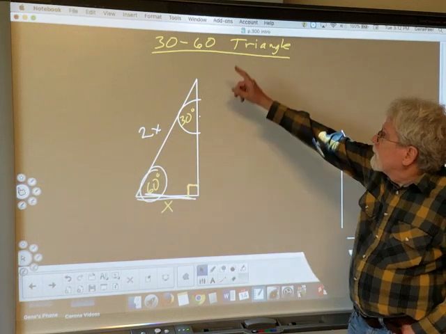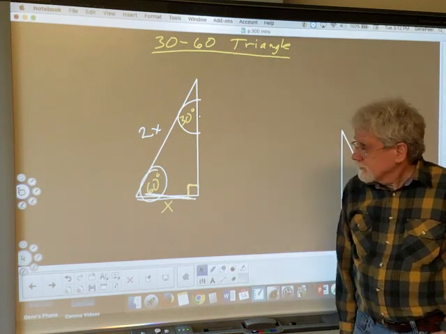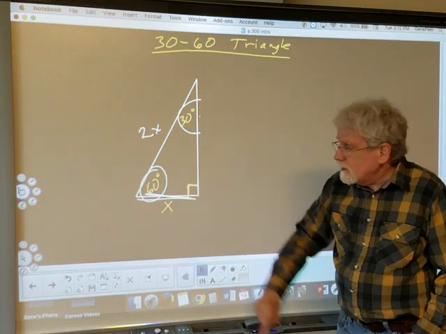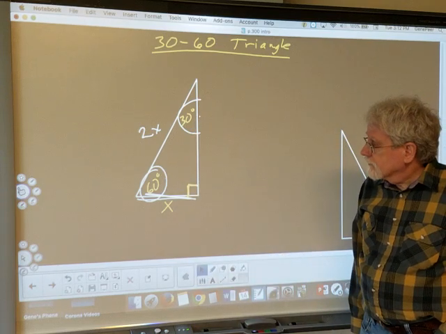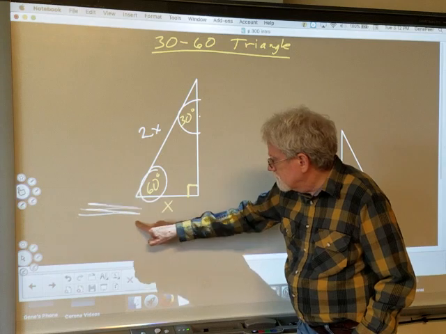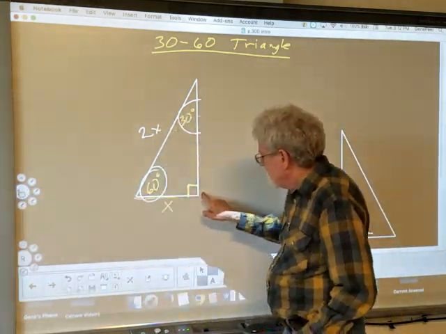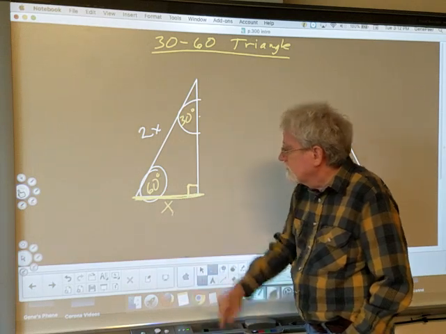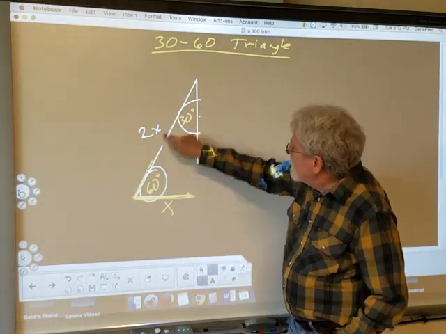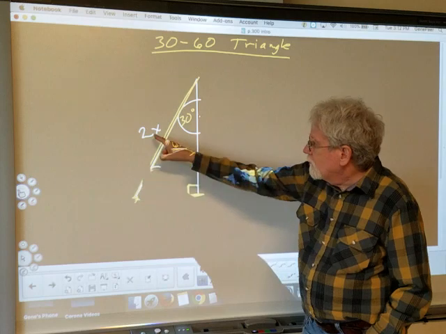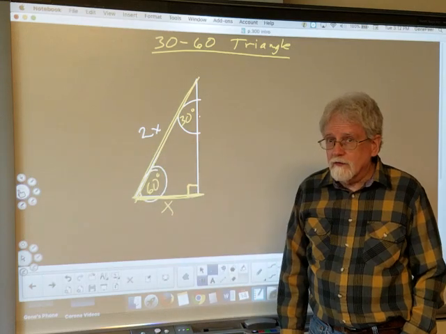If you have yourself a 30-60 triangle, and you know the short leg is x, how do you find the hypotenuse? It's just 2x.